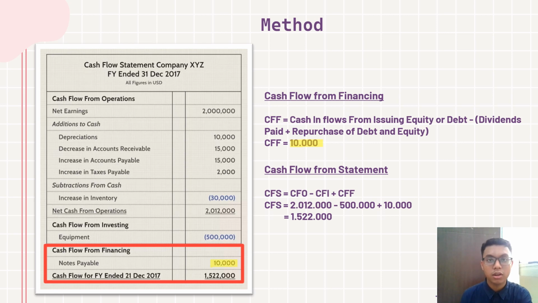For the last step, you subtract the cash flow from operating activities by investing activities, then add financing activities.